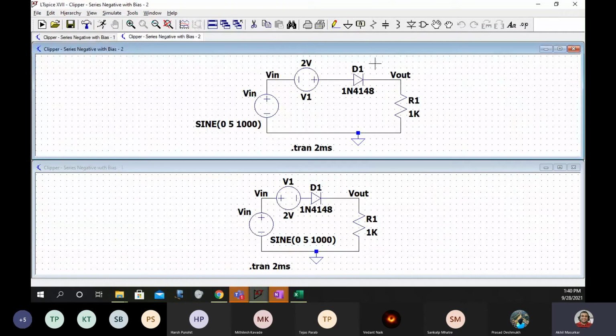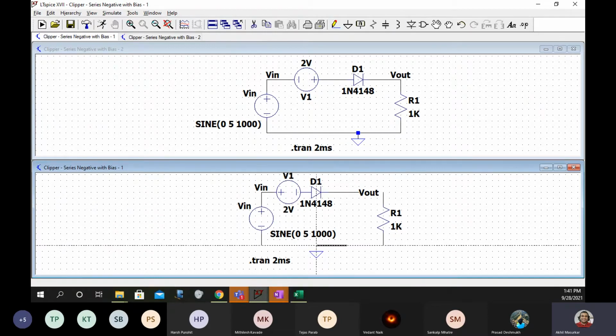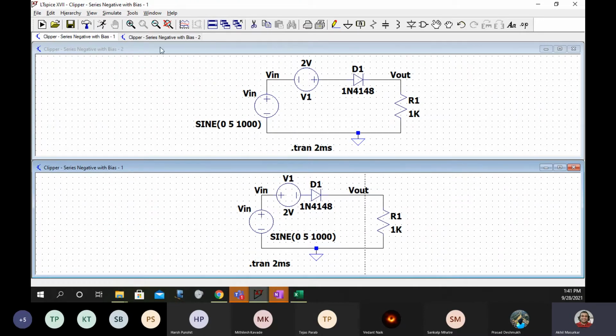So these were our two kinds of circuits. Now you can see in both the circuits, you can make it look a bit nicer.